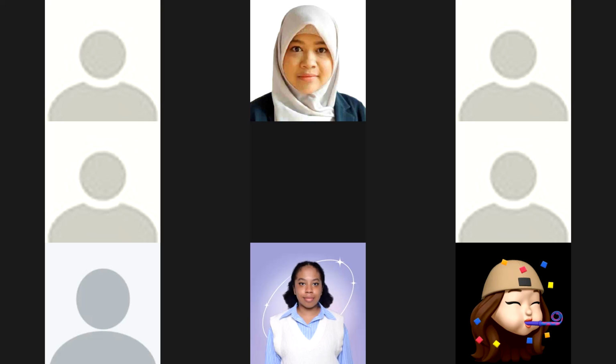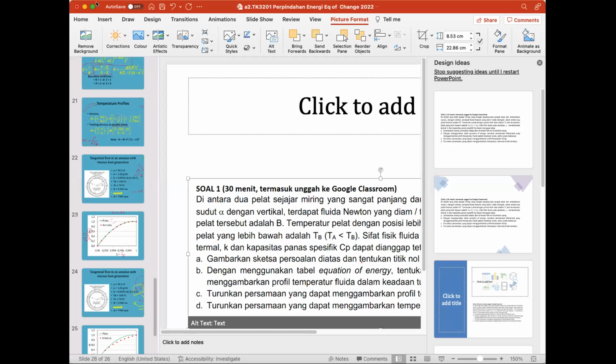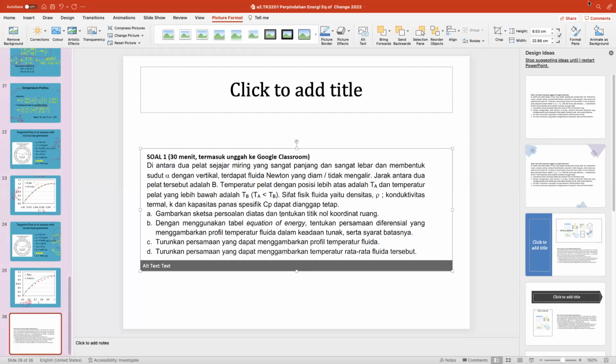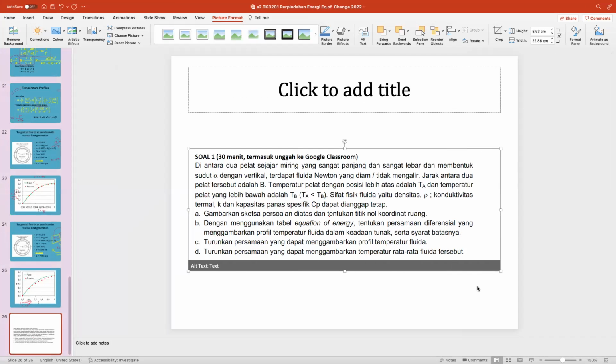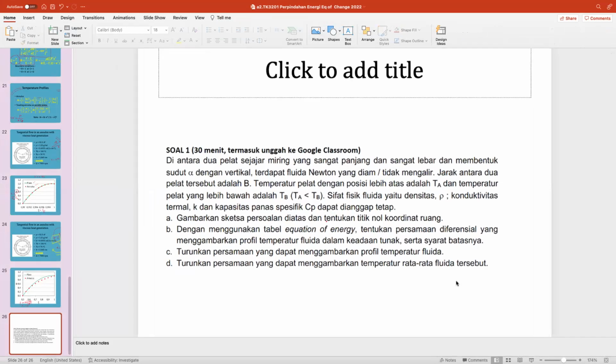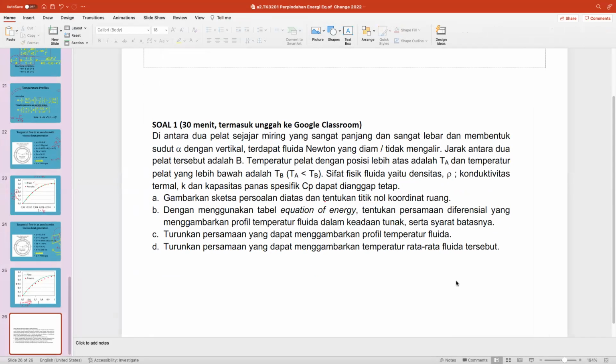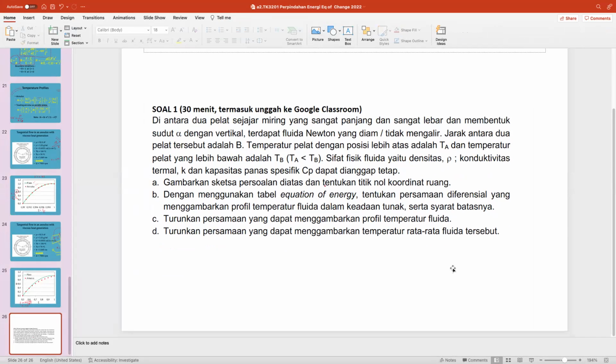Okay, what can you do? You may want to just have a look, maybe studying about 10 minutes on this one. This is an example from 2019, I think. Try to sketch the formula, try to sketch the phenomena, and then using the equation of energy, find the differential equation.